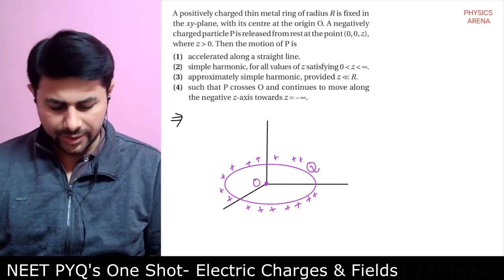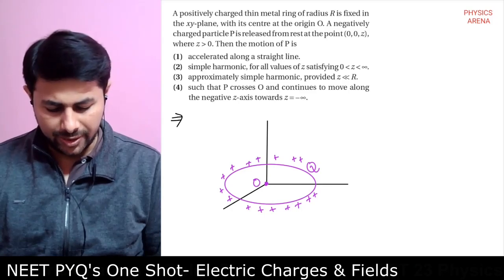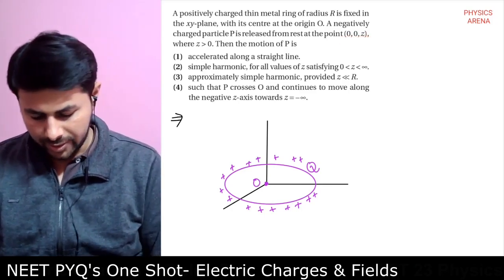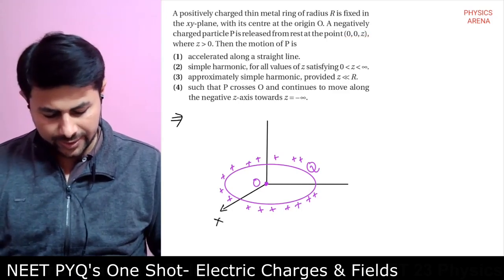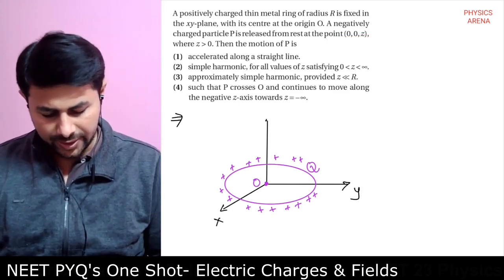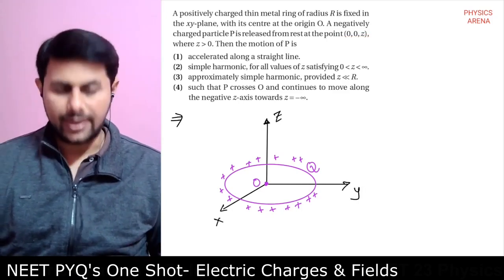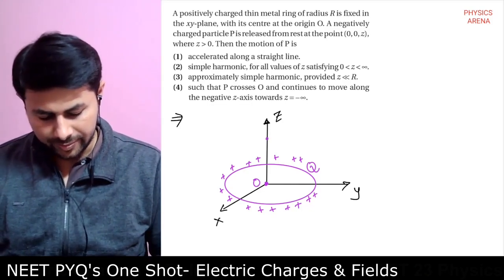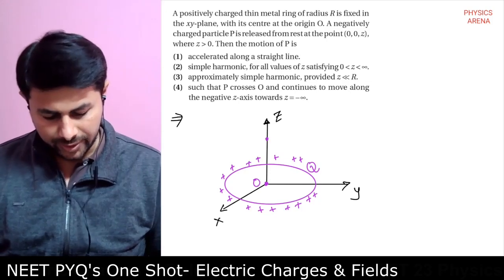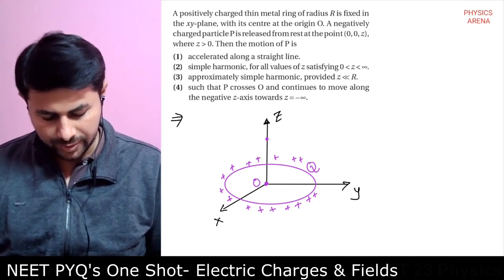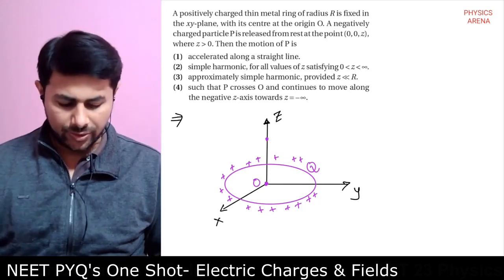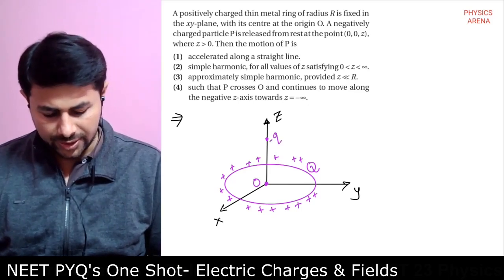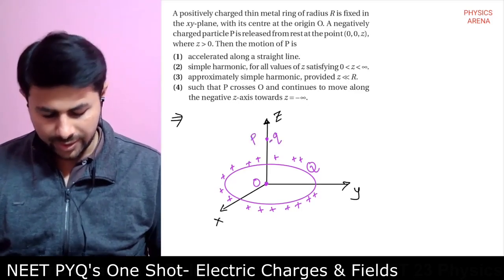Then there is a negatively charged particle P released from rest at point (0, 0, z). The x coordinate is 0, the y coordinate is 0. So this is particle P, and it has charge minus q.